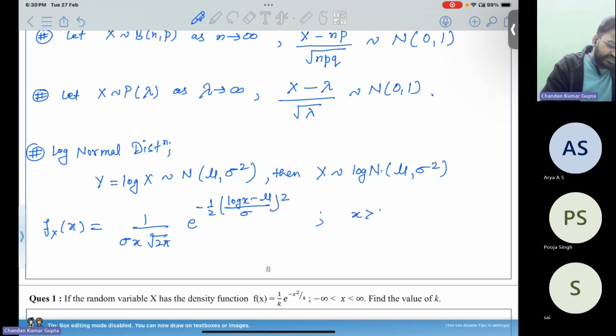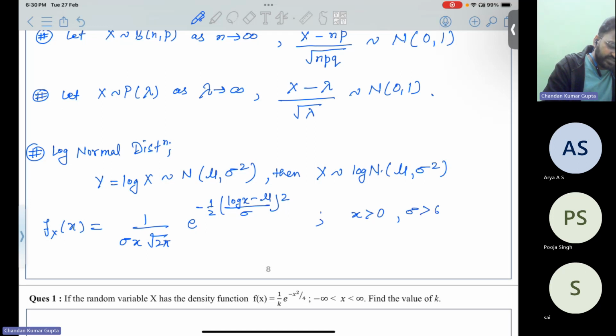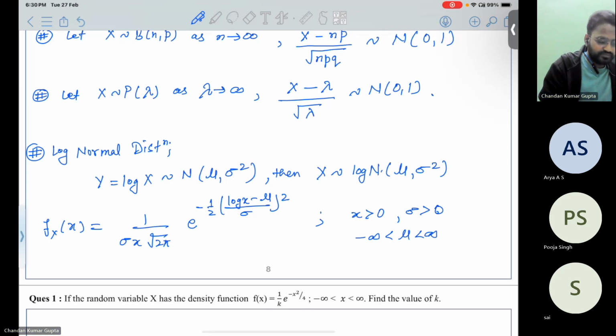Here x is greater than 0, sigma is greater than 0, and mu belongs to the real numbers. So any random variable x follows log normal distribution if log of x follows normal distribution. This is the case for a random variable following log normal distribution.